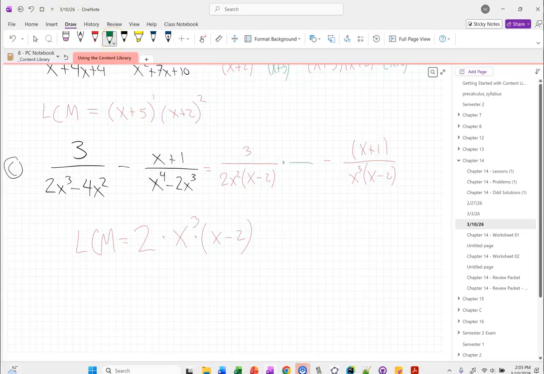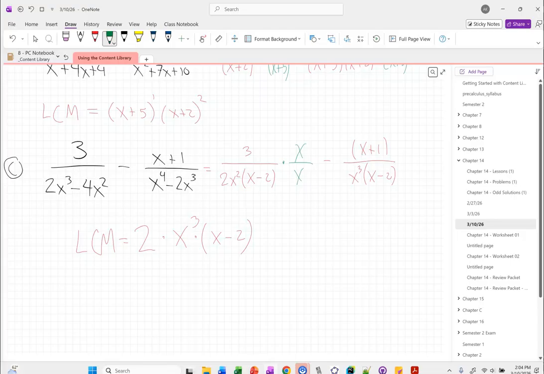What do I need to multiply the first fraction by to get that least common multiple in the denominator? Just x, right? I have the 2, I have the x minus 2, but I only have x squared here. I need x to the 3rd, so I need to multiply by 1 more x.